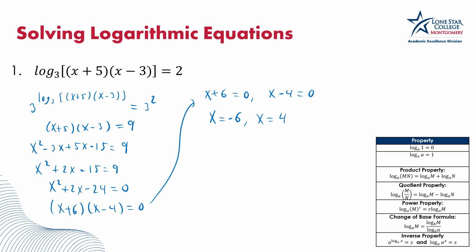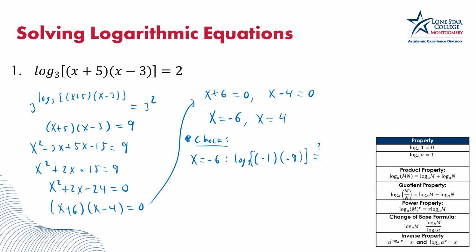So if we plug negative 6 into x in our original equation here, let's check by plugging x equals negative 6. Log base 3 of, negative 6 plus 5 gives us negative 1, and then negative 6 minus 3 gives us negative 9.